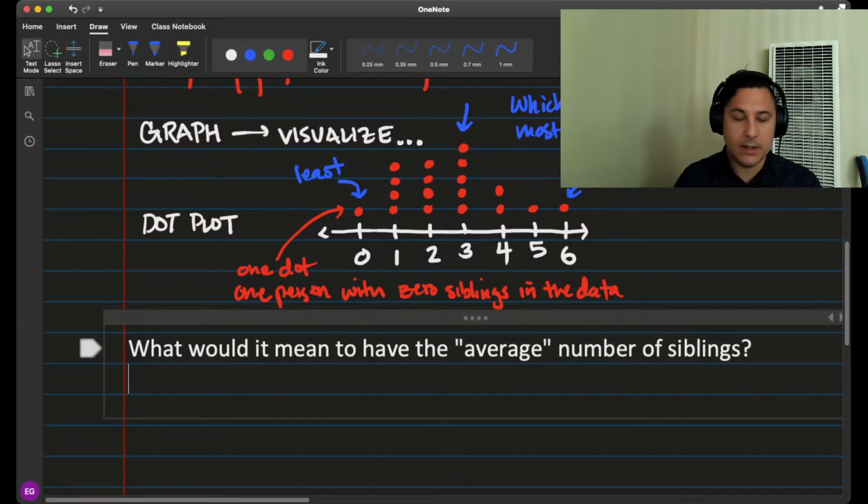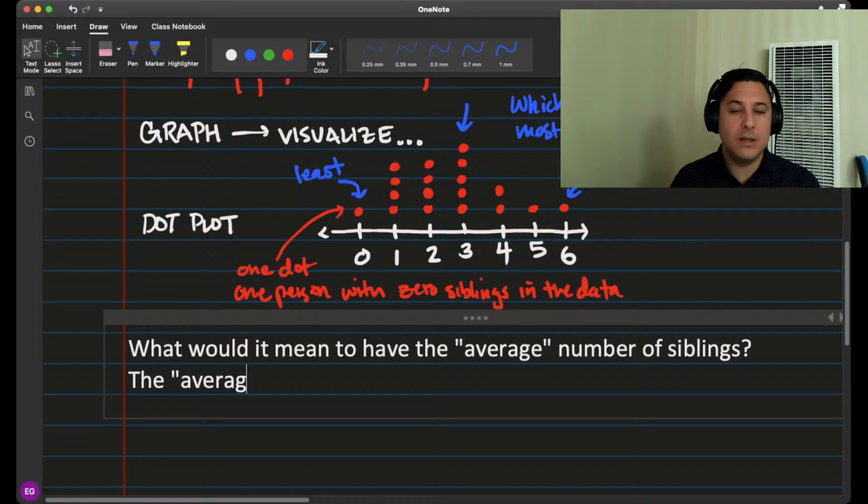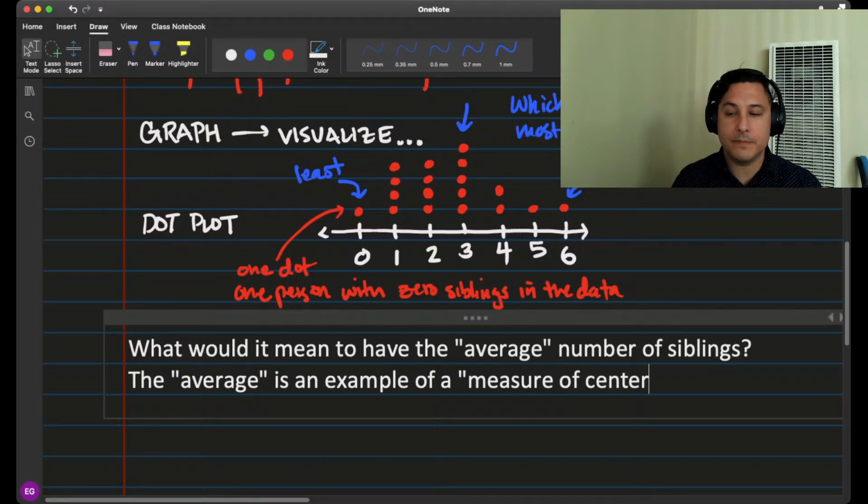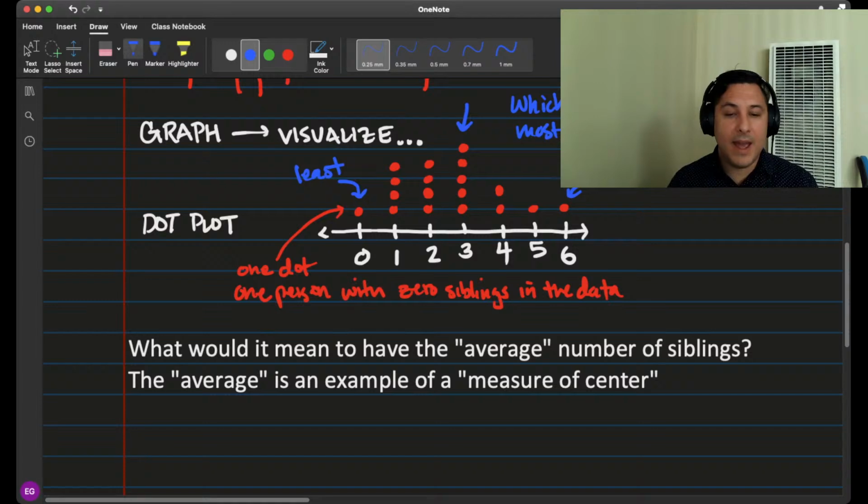So the average is a special example of something called a measure of center. Okay, so every distribution has what we call a center of the distribution.